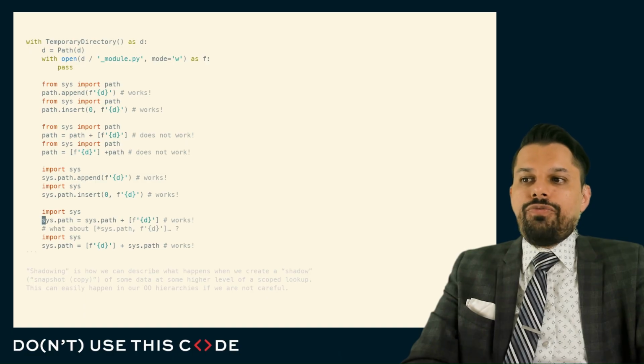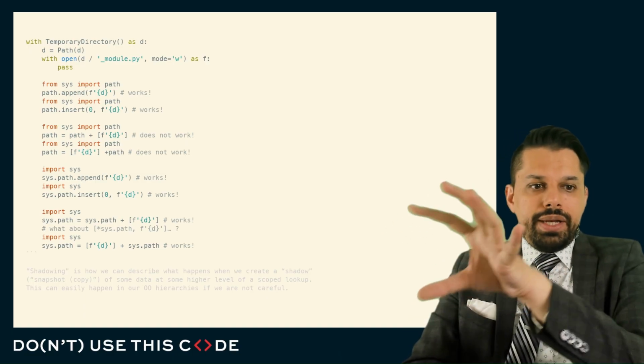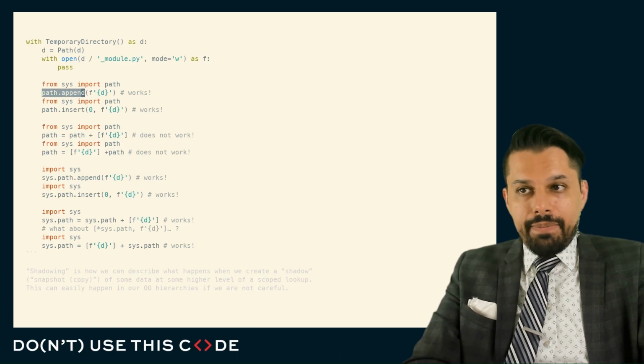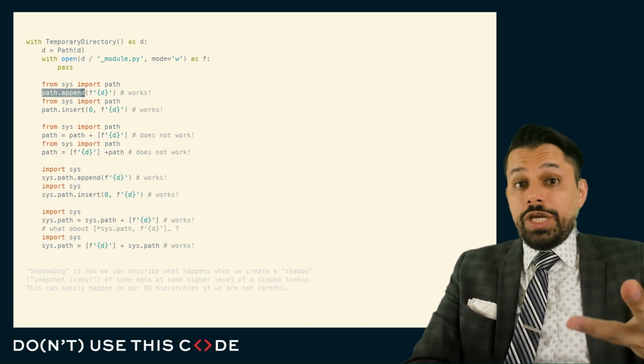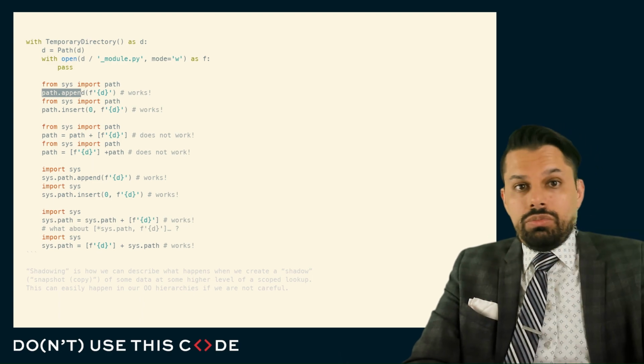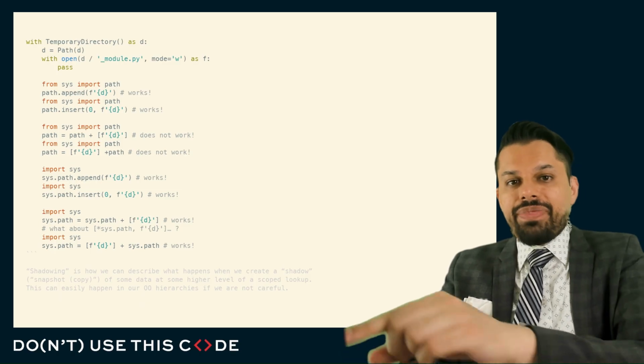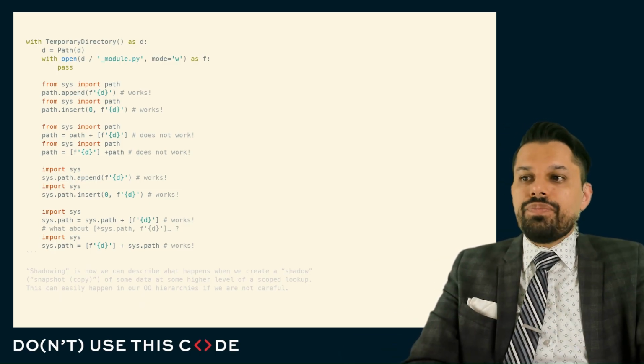Here we have 4 different approaches, either appending or inserting. If we make a mutating change to sys.path directly, that changes the actual sys.path. Well, we've updated our path. Similarly, if we do this with sys.path.append, exactly the same thing.